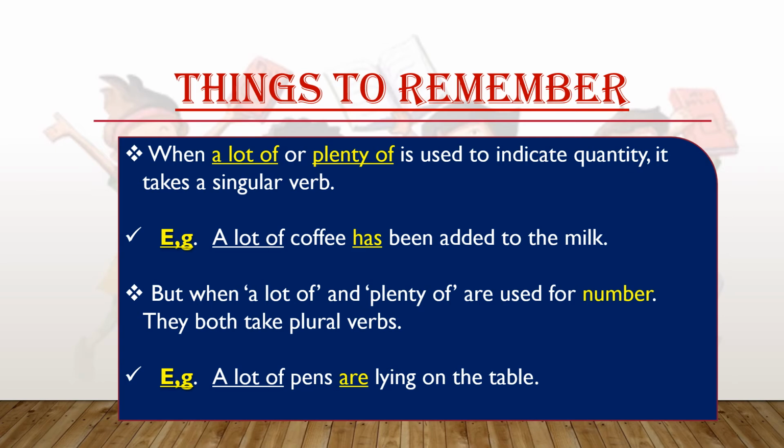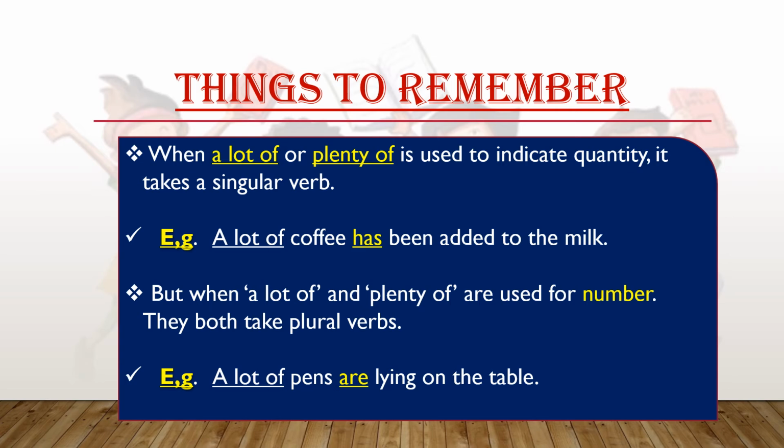But when we are using these words, a lot of and plenty of, to talk about numbers, then in that case we will use plural verbs. Let us take an example for the same. A lot of pens. So here we are using these words to tell there are many pens there. Number over here has been used.